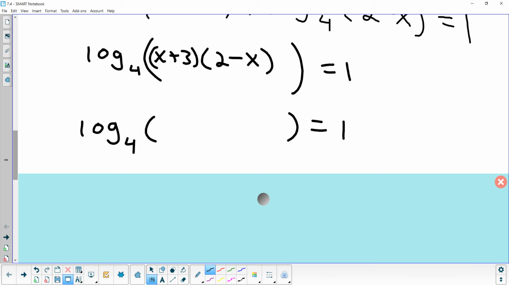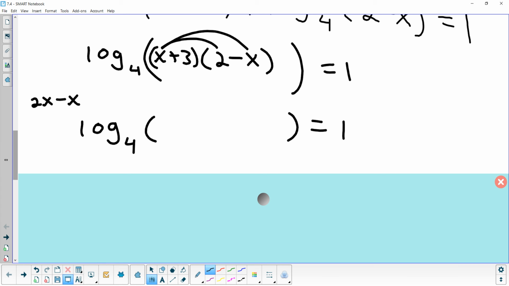Okay, so Cassidy, what is x times 2? 2x. I'm going to write this off to the side, just like my work on the side, and then I'll put the final answer in parentheses. So I've got 2x. And then, Autumn, what's x times negative x? Negative x squared.